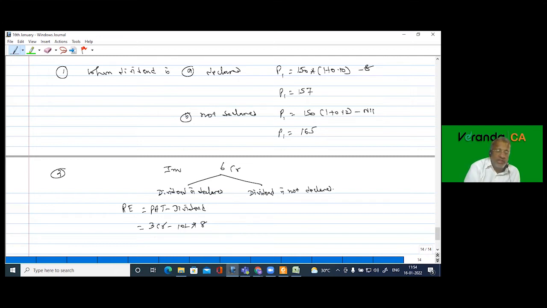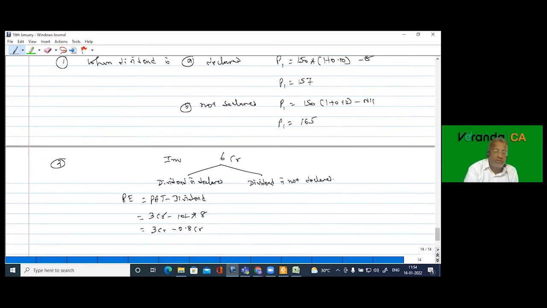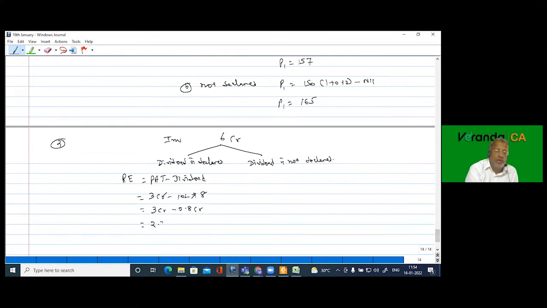So it is 80 lakhs, or 0.8 crores. So 3 minus 0.8 is equal to 2.2. That means out of 6 crores, 2.2 crores of retained earnings will be there. So the fresh issue will be 6 crores minus 2.2 crores, which is going to be 3.8 crores.